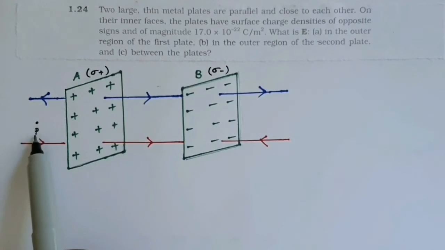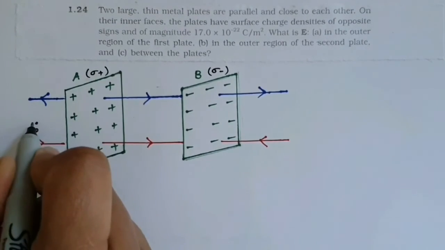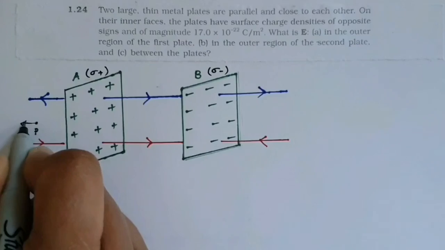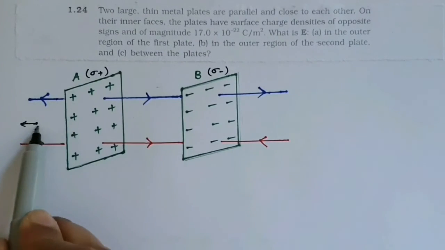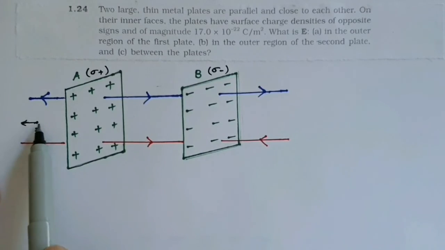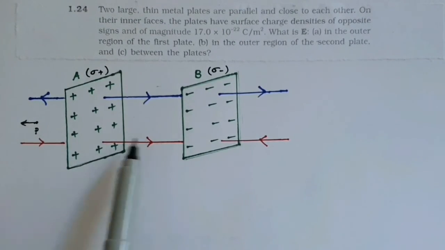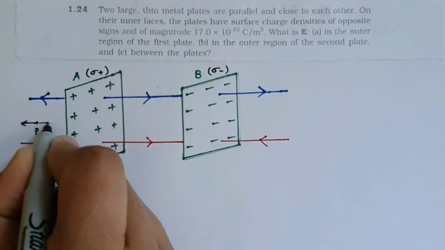Consider a point P outside of plate A. The electric field at P due to this positive plate acts along this direction, that is away from the charge. The electric field at the point P due to this negative plate acts along this direction, that is towards the charge.